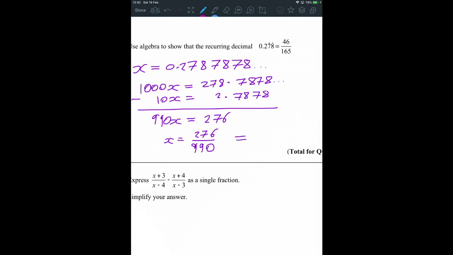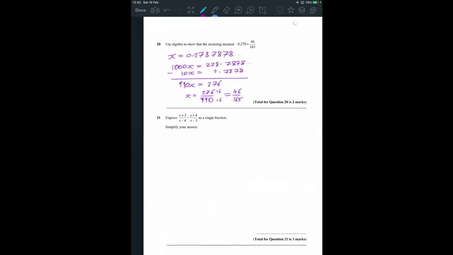I'm going to type it into my calculator. Yes, it does. Just for the sake of the examiner, I'm going to make it clear how, and I'm going to check my calculator what the common factor was. Common factor was 6, so I've divided top and bottom by 6 to simplify. Trying to make it as explicit to the examiner as I can that I did not cheat too much.